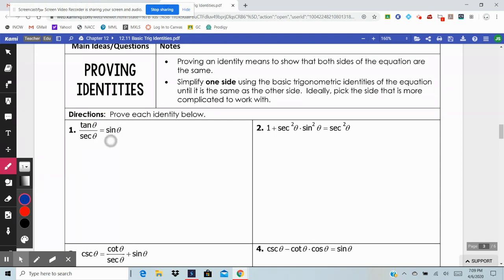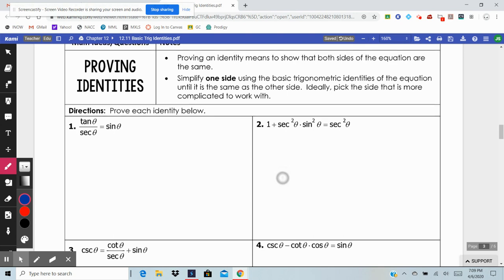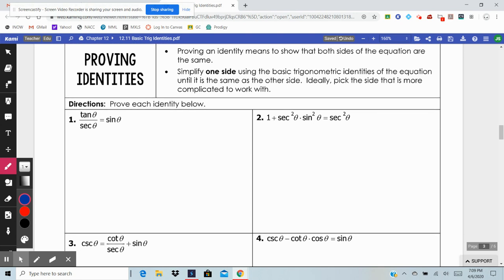These are going to be super similar to those if you understood those, because in order to prove that these are the same, look, it says simplify one side using the basic trig identities until it is the same as the other side. Ideally, pick the side that is more complicated.